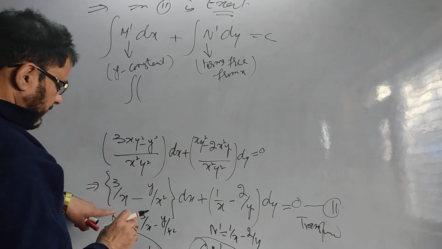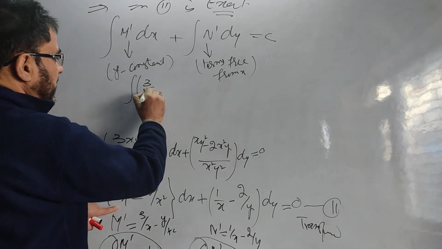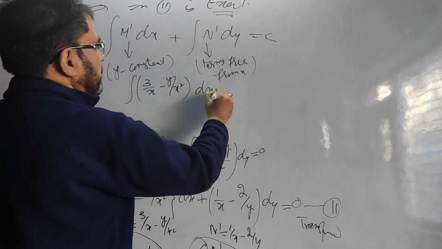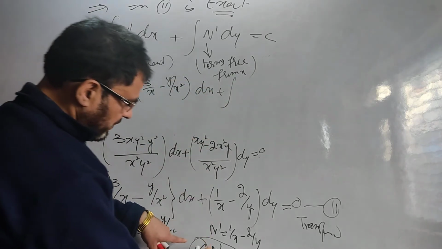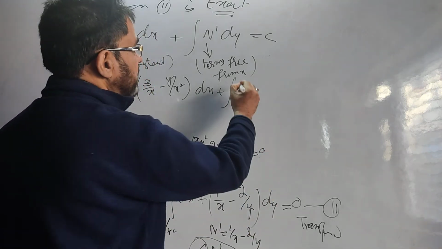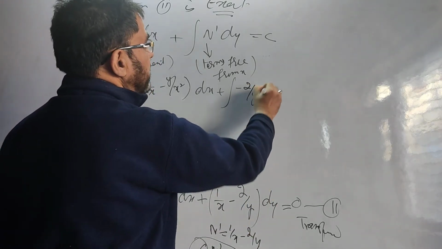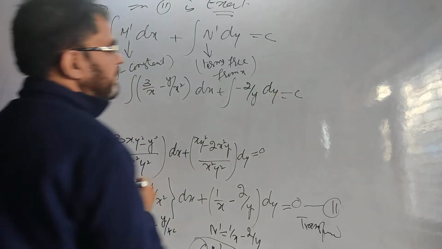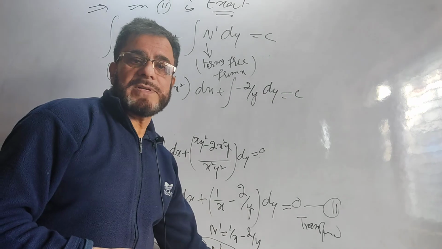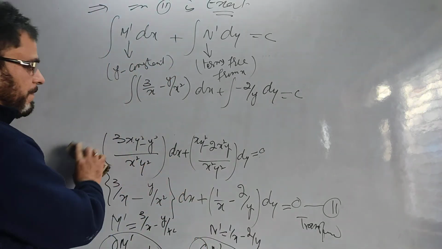In full form, m dash is 3 by x minus y by x square dx, plus n dash, but only terms free from x. This involves x, leave it, minus 2 by y dy is equal to c. This we are doing by our previous method of how we solve an exact differential equation.